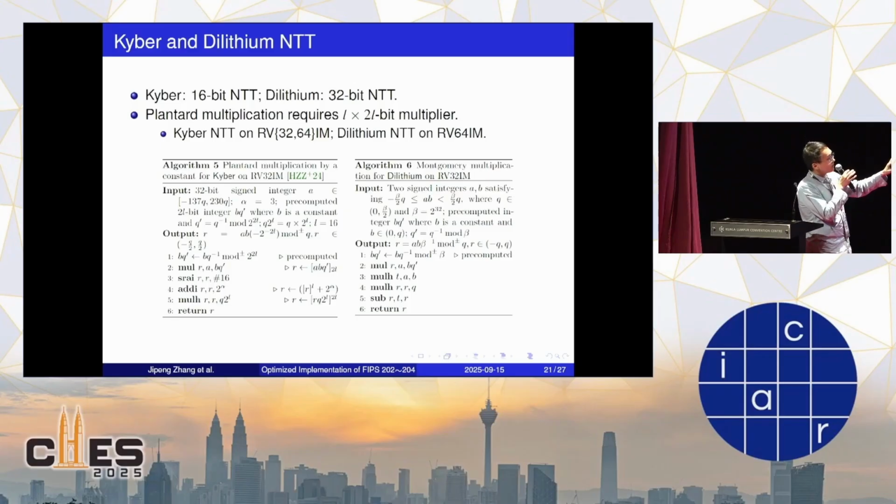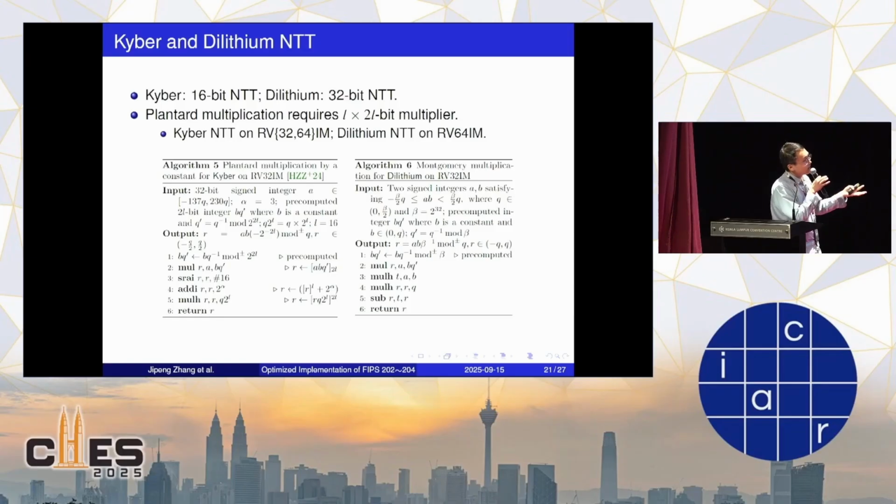The left side is the Plantard multiplication. We can see 2 of the 4 instructions are multiplications. The right side is Montgomery multiplication. 3 of the 4 instructions are multiplications. You know, the multiplication instruction is more expensive than shift, add or sub.